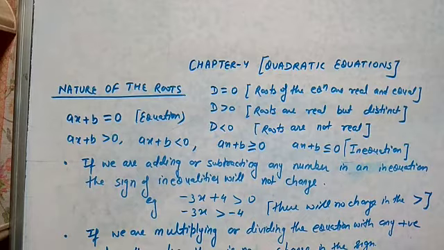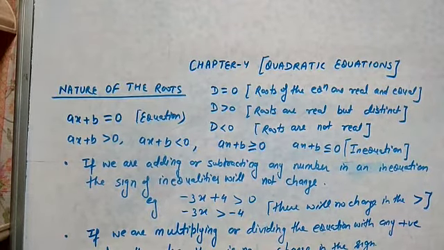Example, if I write 3x is greater than 4, so x is greater than 4 by 3. Since 4 is divided by this positive 3, there will be no change in this greater than sign.